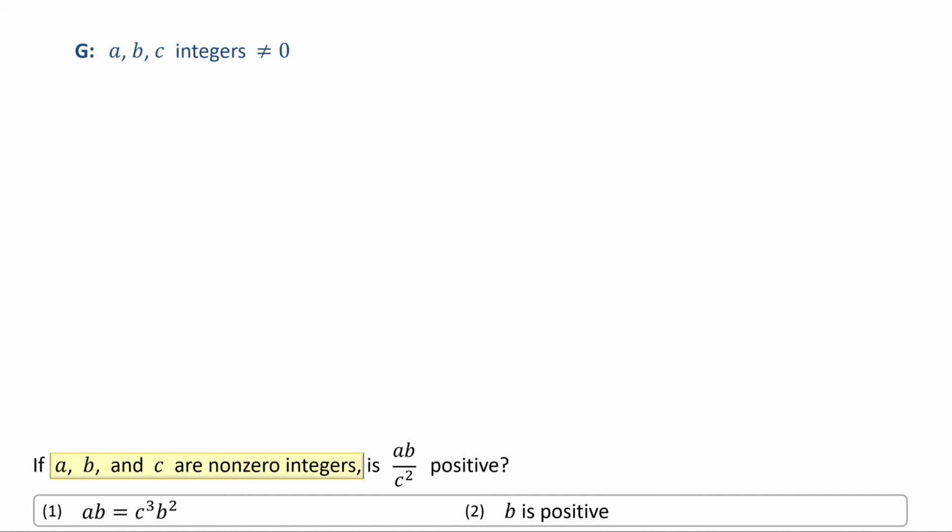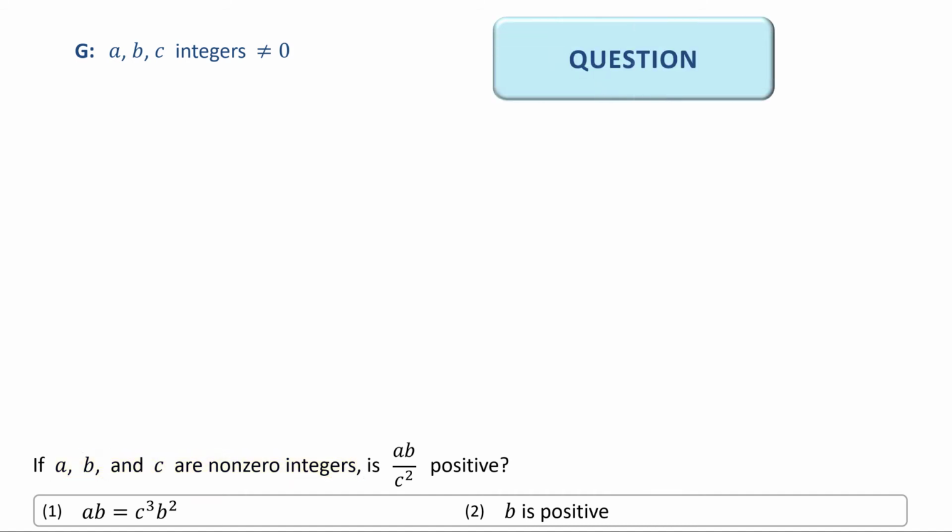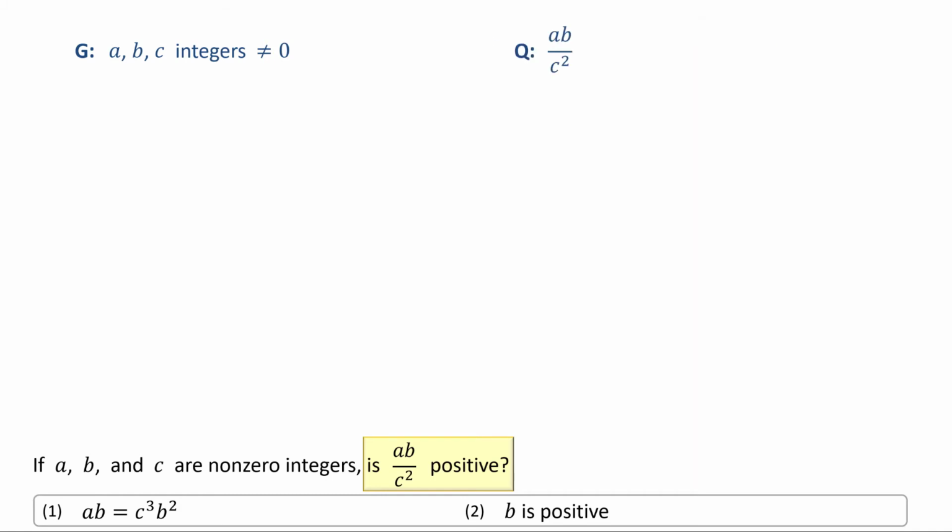Stage 2 of our solution is to process the question. Here the question asks, is AB over C squared positive? So let's write Q: AB over C squared. To ask whether this fraction is positive, we can write equals pos question mark. What can we do to simplify this question?